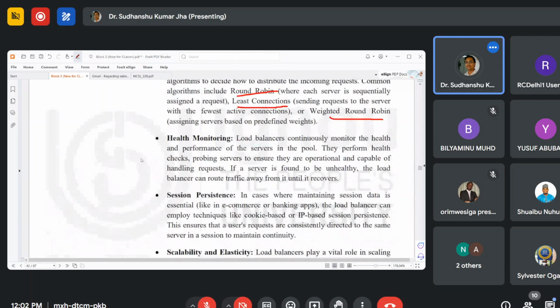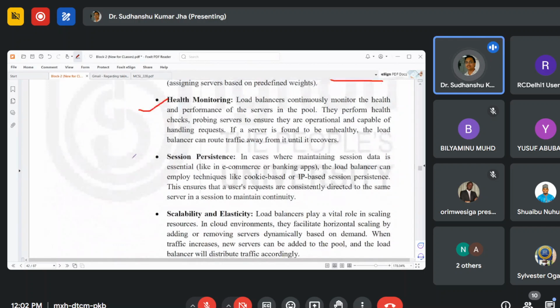Health monitoring of your resources, of your servers. Session persistence, so maintaining the session.